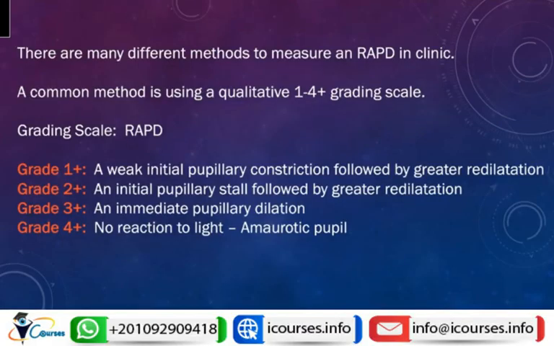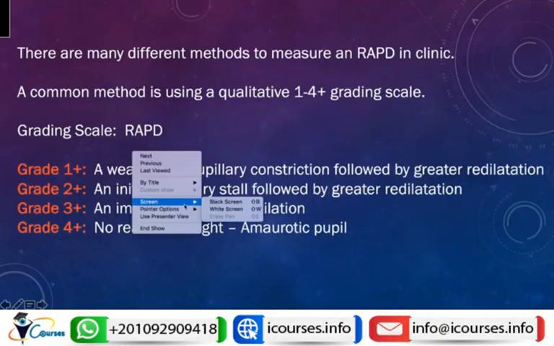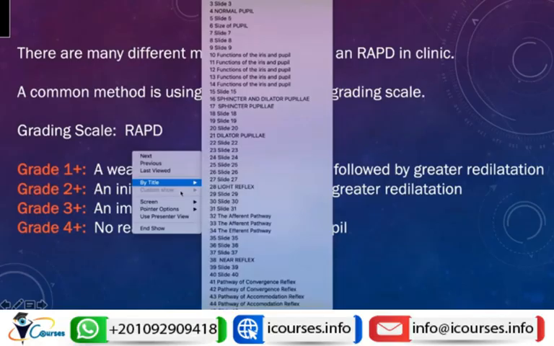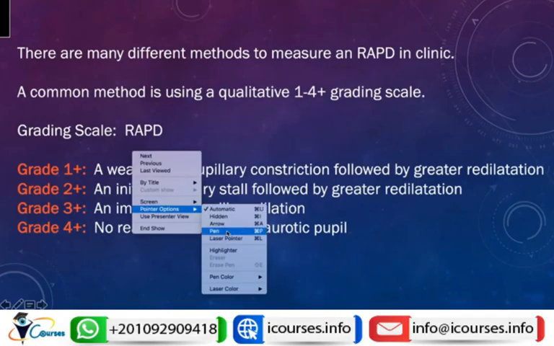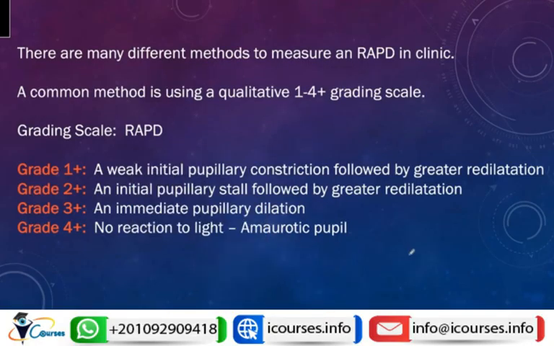How can we grade the relative afferent pupillary defect? There can be different methods, but there is a common clinical scale, or there is a test that we can do, to grade the relative afferent pupillary defect. So let me illustrate it in numbers. Let's say, for example, that this is the left eye, and this is the left optic nerve, and this is the right eye.